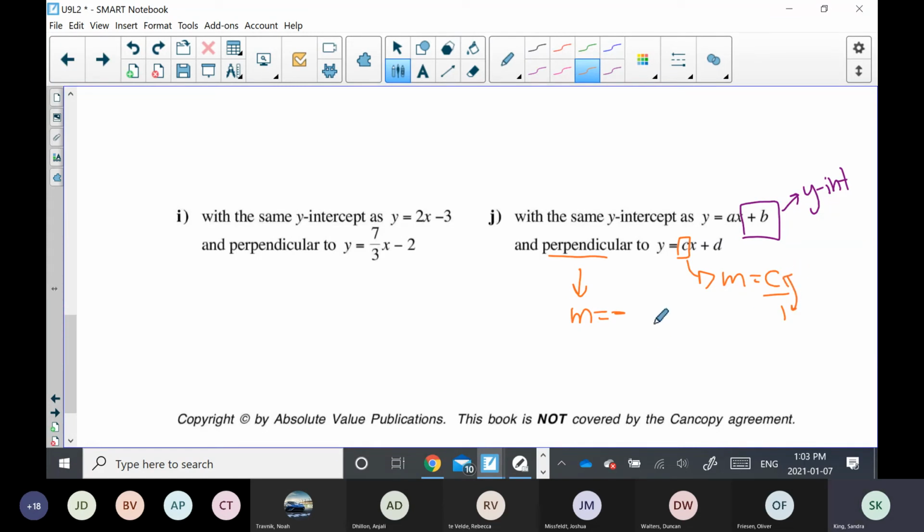The reciprocal of that is 1 over C. And now writing it in the form of mx plus b, the equation of my line would be, my new slope is -1 over c, x plus my b value, they wanted it to be the same letter, b. And that would be your answer. Okay, so you're going to finish off number 1.